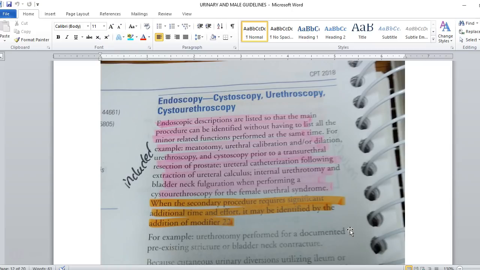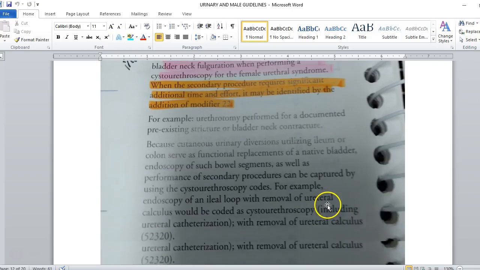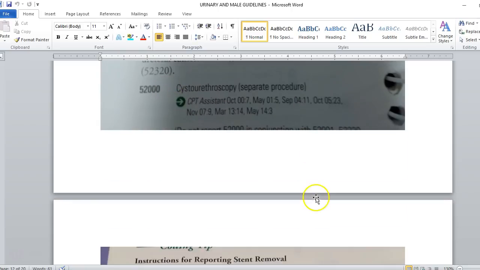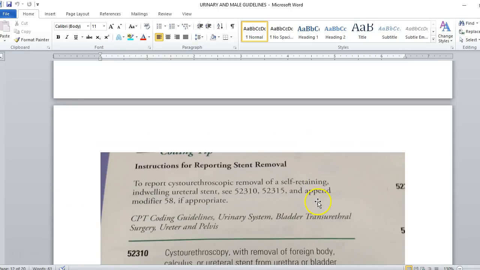Because the male and female urethra are very different sizes, we have a handful of codes here and there that will say male only or female only just because of the size of the urethra. And obviously the transurethral procedures on the prostate are going to be male only.